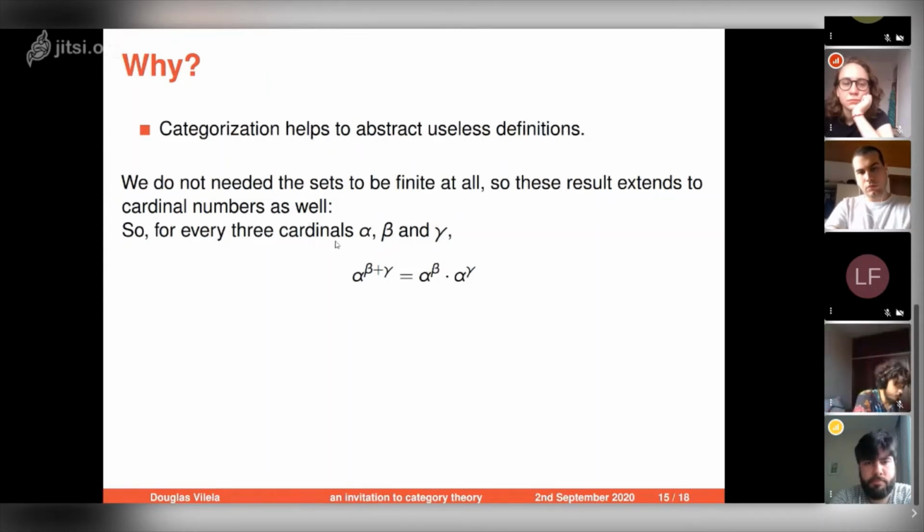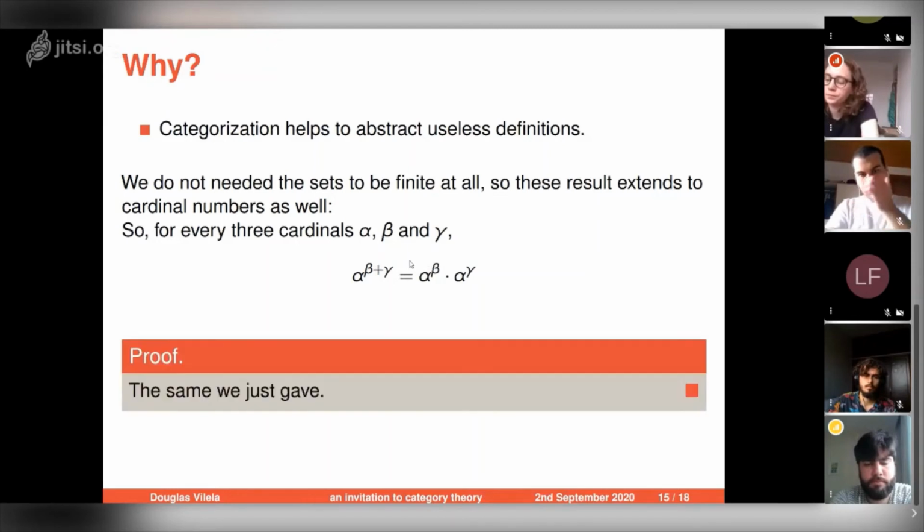So the name is obvious for that reason. We can extend the result that we proved earlier to cardinals, and that proof is just the same proof that we just gave. We think of choosing three sets that have these cardinalities, set A that has cardinality alpha, and so on.